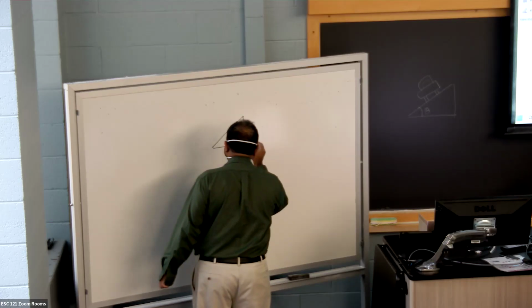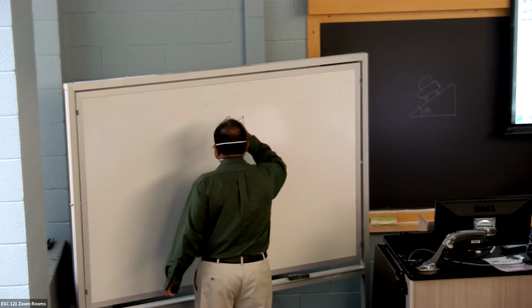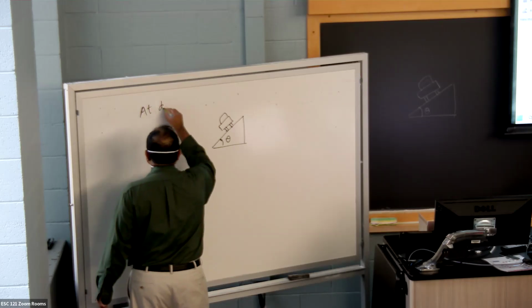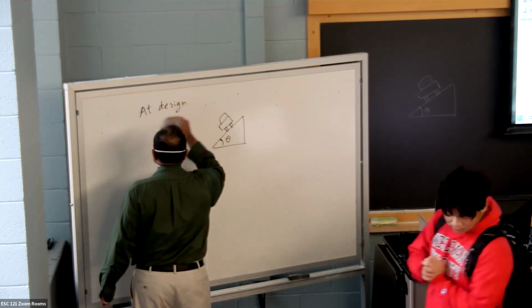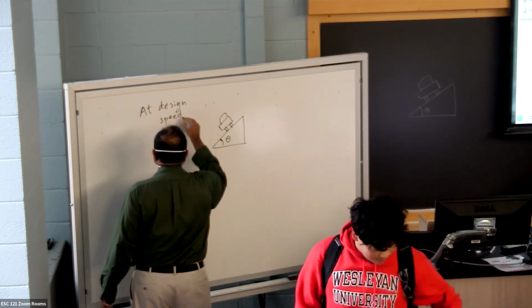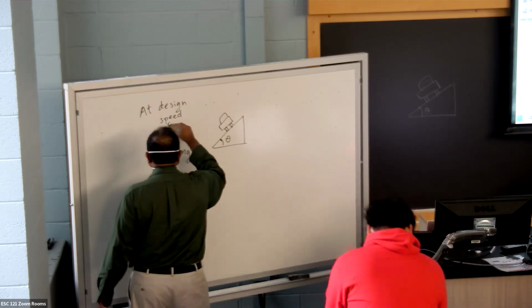So in that case, there would only be the normal force and the force of gravity acting on the car. So at design speed, the free body diagram would be force of gravity, normal force.